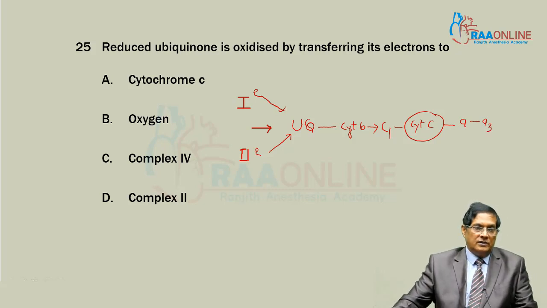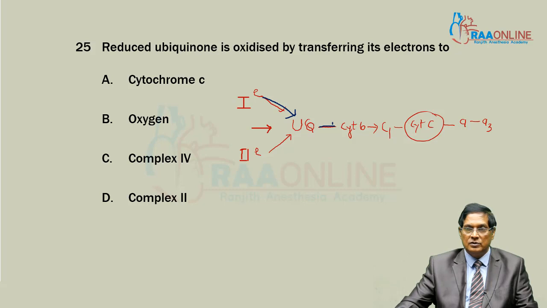So if we know the path of transfer of electron: the electron from complex 1 is received by UQ, UQ transfers it to complex number 3, and from complex 3 they are taken up by cytochrome C, and cytochrome C transfers them to A, and A passes them to A3.